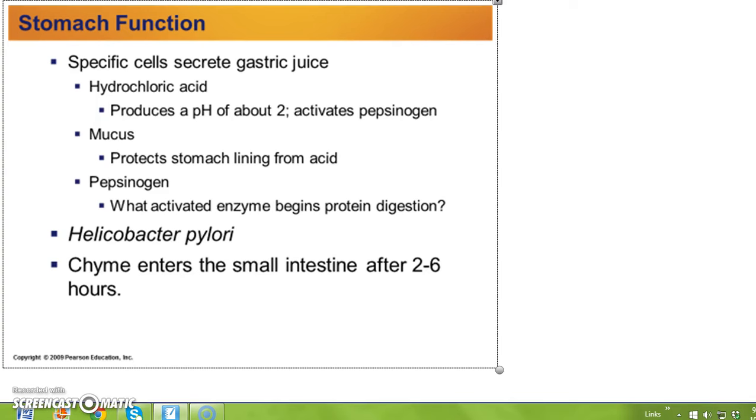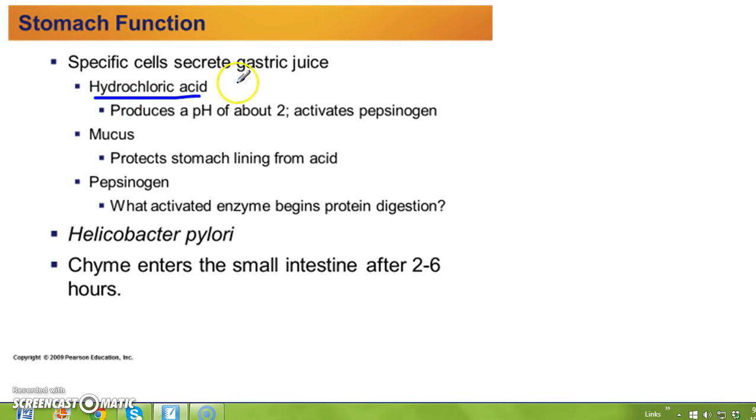The first one is secreting hydrochloric acid. You could abbreviate that HCl. And that's secreting a solution that's a pH of 2, so a very strong acid on the pH scale. That acid is not responsible for directly digesting food, but instead it's activating something called pepsinogen.